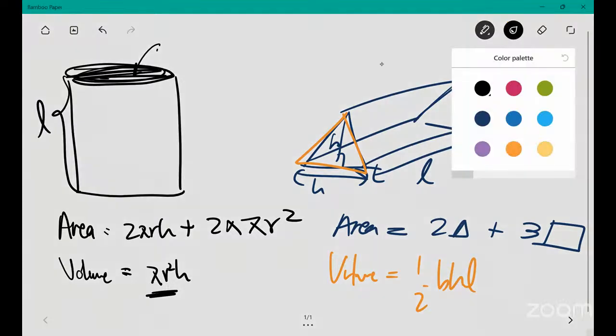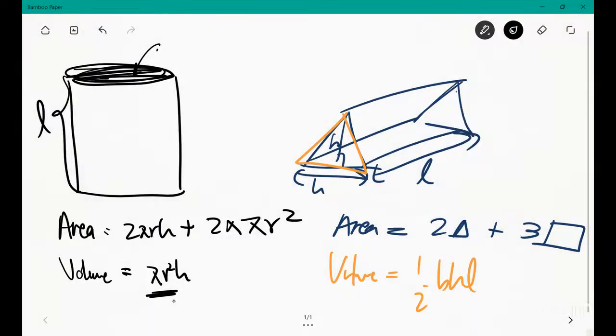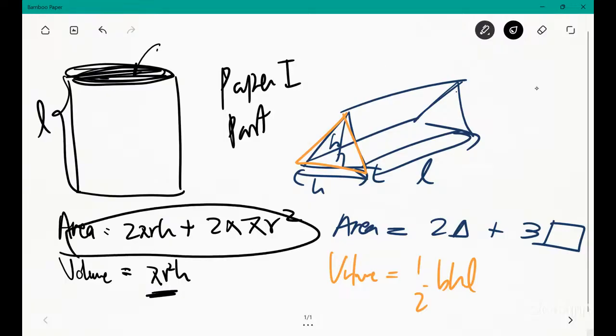Okay, so we are done with two shapes now, cylinder and prism. So far in your past papers, your paper one part A, the 2 mark question comes based on these two shapes, and usually it's the areas. So it's important that you remember, especially this one.